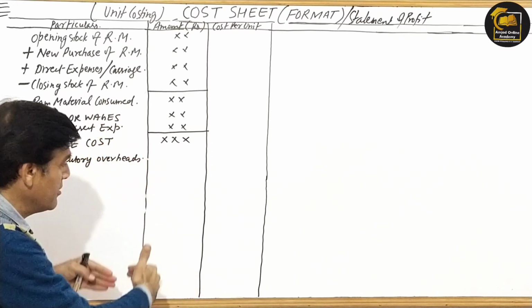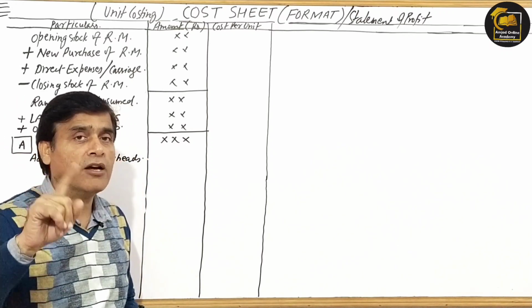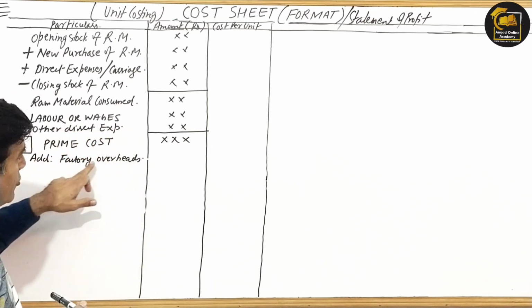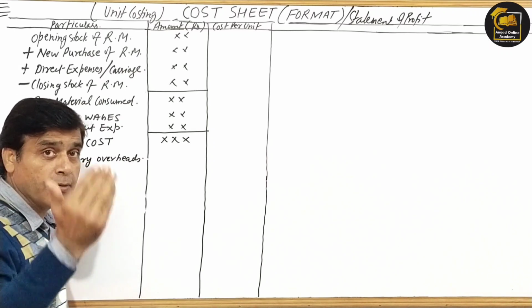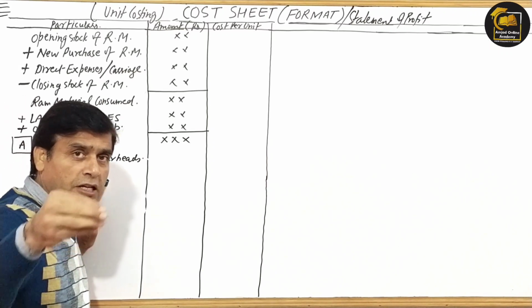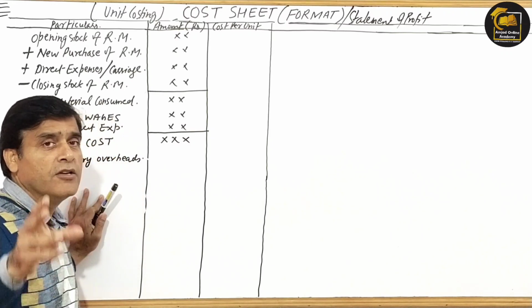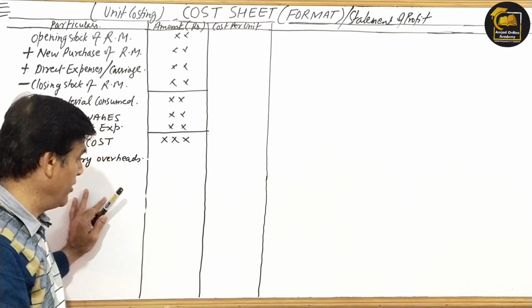Now whatever expenses are shown after this prime cost will be known as the overheads because they are all indirect expenses. Now factory overheads. So now you will show all your factory expenses, indirect expenses which are given in the question. It will depend. They may be 2, 3, 4, 5, 6. You have to identify which are expenses related to the factory indirectly, right?